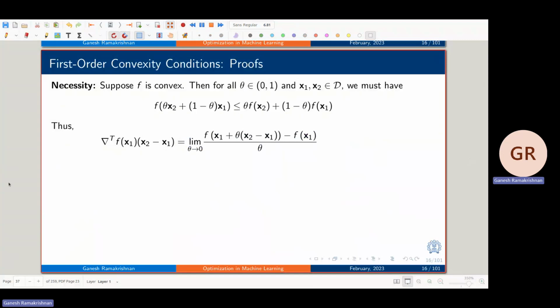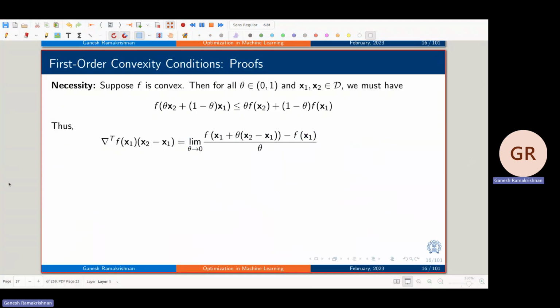Do I want to evaluate it, or do you want to show some inequality? What do I know about the numerator here? Necessity: what can I assume about the function? It is convex. The first principle definition should hold.